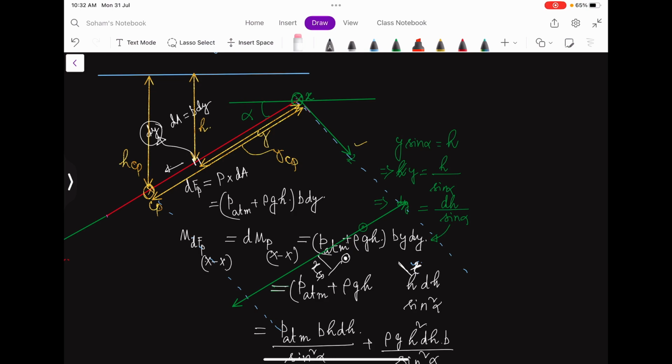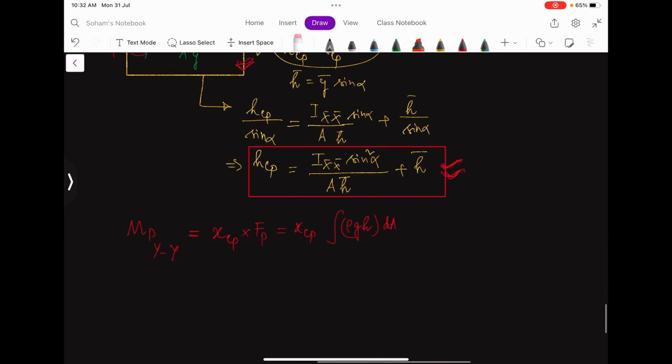I am just removing these things. And that will be directly equal to the same if I follow the same formulation.